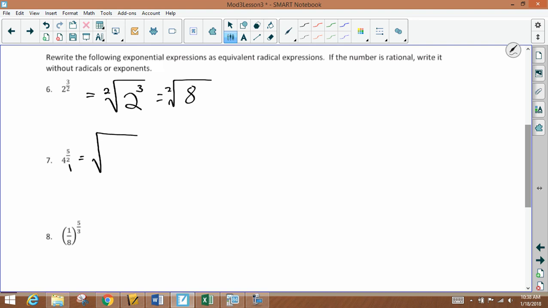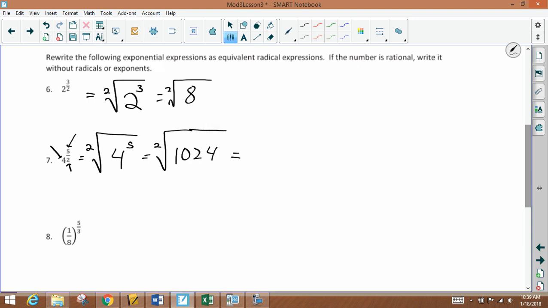Again, this denominator on the outside, my base will go on the inside, and then this numerator will be the exponent. So that is the square root of 4 to the 5th power, 1024.